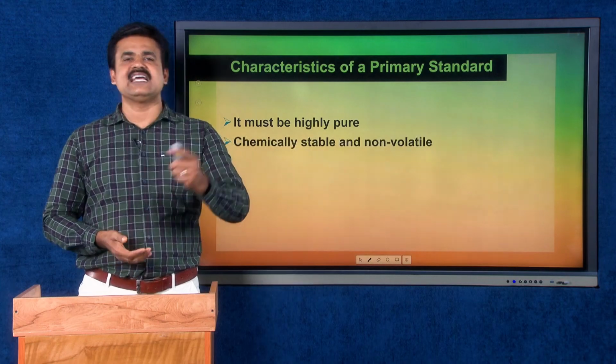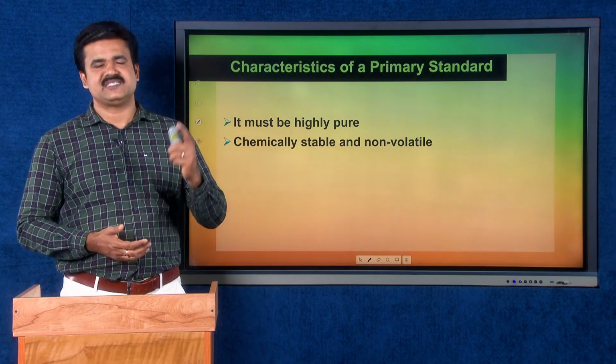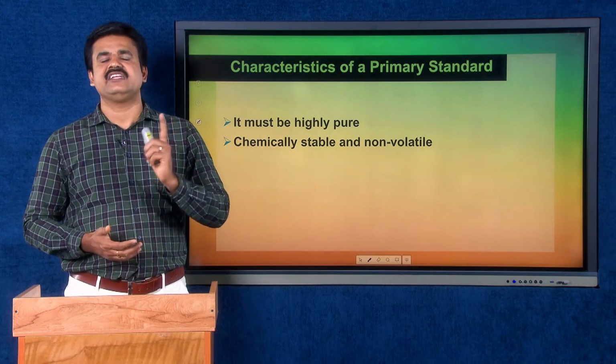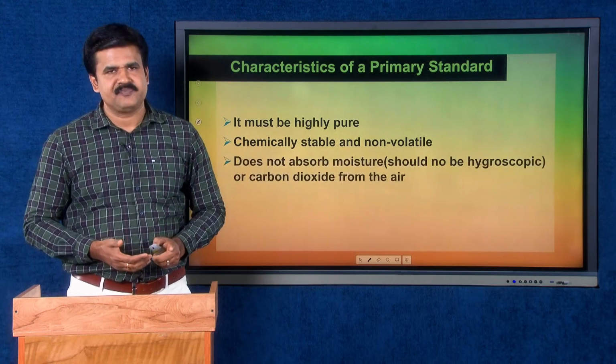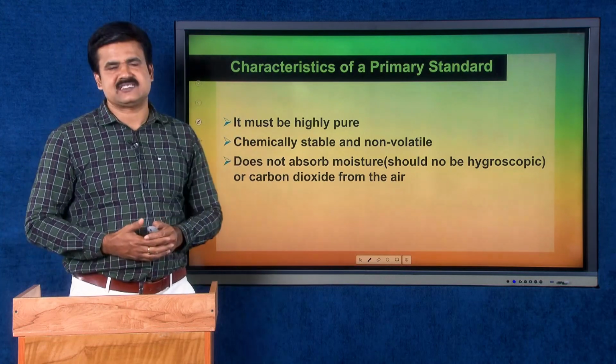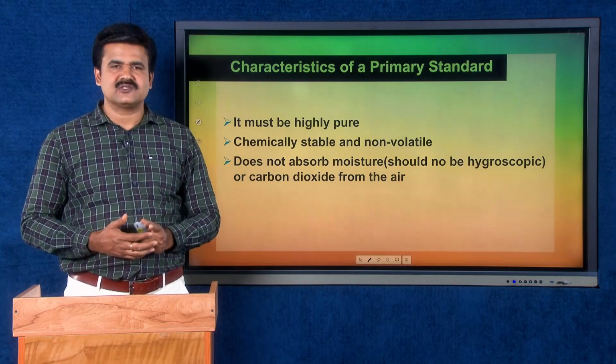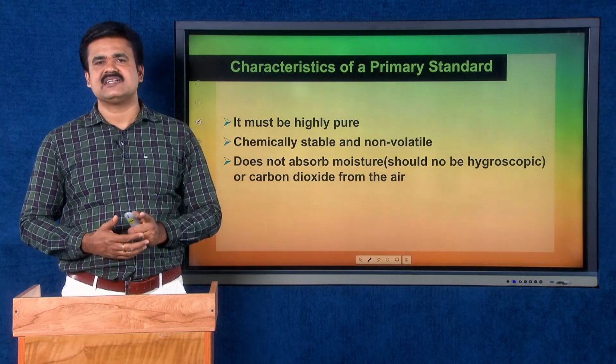The second characteristic of a primary standard is that it must be chemically stable and non-volatile. The primary standard must be stable under ordinary conditions and it should be non-volatile. The third condition is that it does not absorb moisture. That is, it should not be hygroscopic or absorb carbon dioxide from the air.